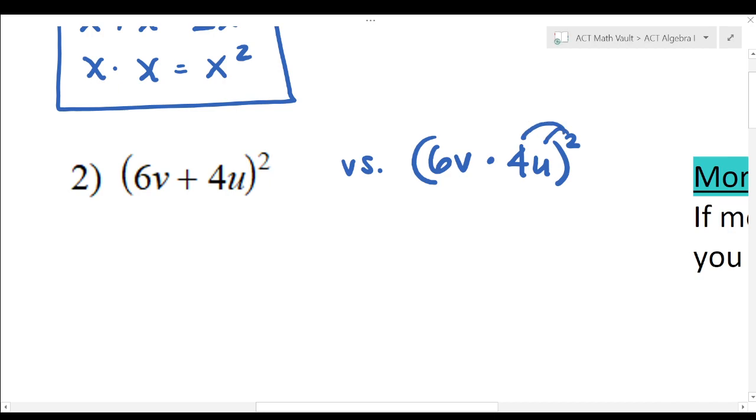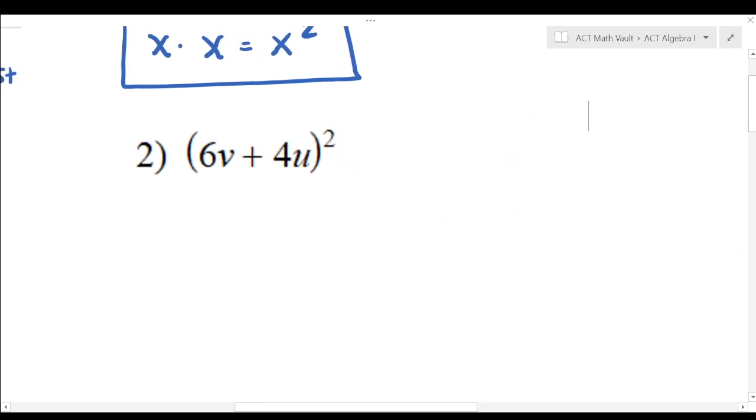Because, yes, you can distribute the 2 to all of these, the 6, the v, the 4, and the u. So this would be 36v squared times 16u squared, and then you'd simplify from there. That is not to be confused with adding the 6v and the 4u and then squaring it. So squaring that means you have 2 of them multiplied.